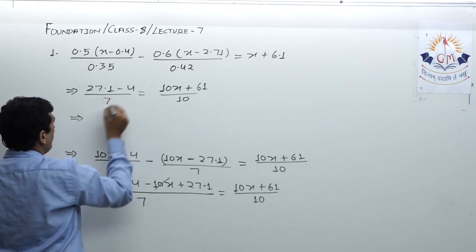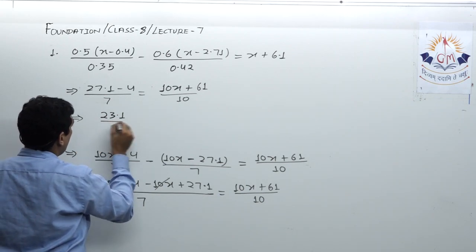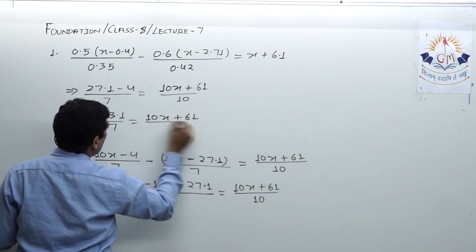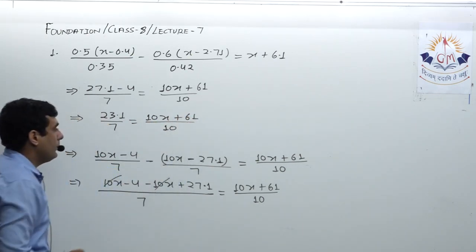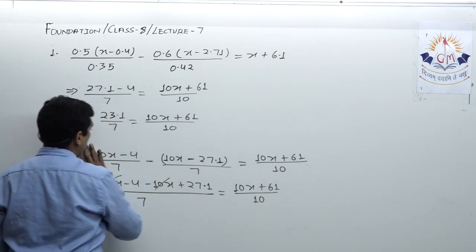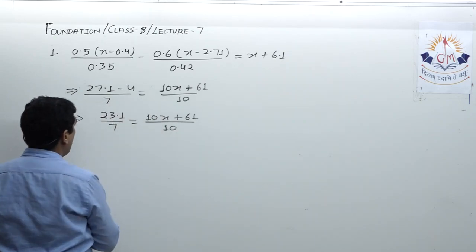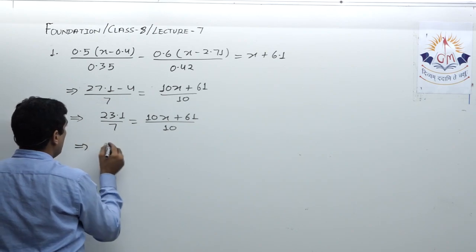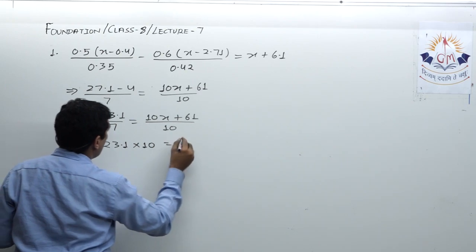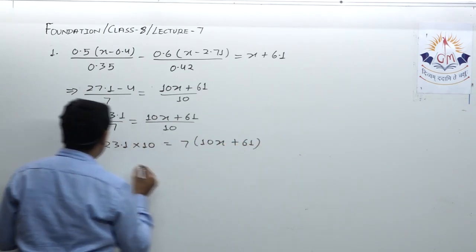Now 27.1 minus 4 is 23.1 upon 7 is equal to 10x plus 61 upon 10. Next what we have to do is cross multiplication, so that we'll get the value of x. So let us see what value we are going to get after cross multiplication. 23.1 multiplied by 10 is equal to 7 multiplied by 10x plus 61.